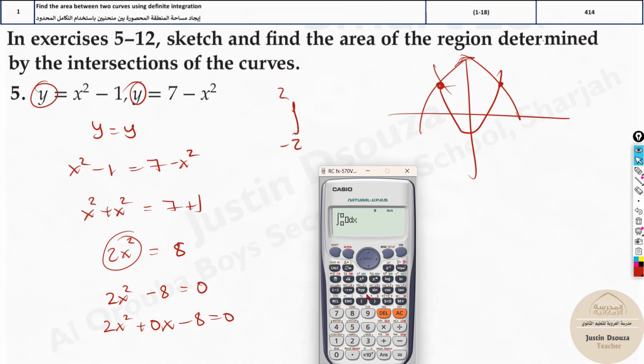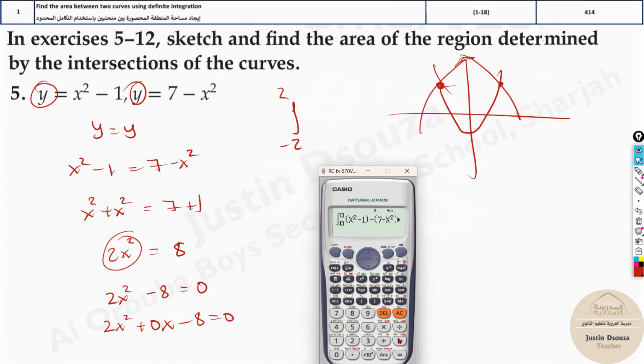Let's do it. Integral. Now, I'll just take the first equation, that is x squared minus 1. Now I know that is the lower function, but still it doesn't matter. And over here we have again, sorry, it's 7 minus x squared, and close the bracket.